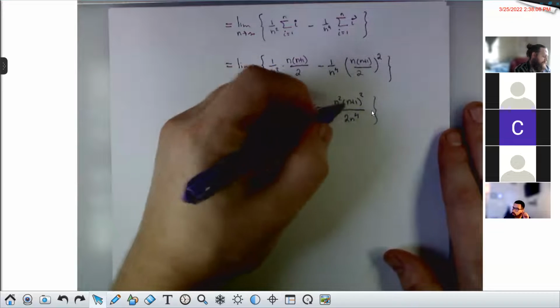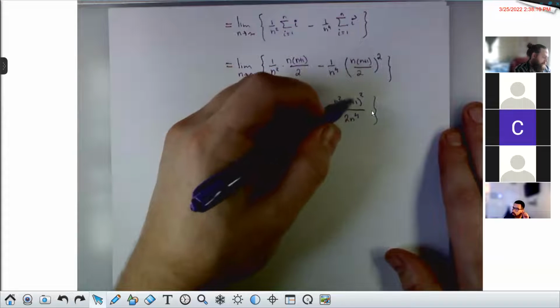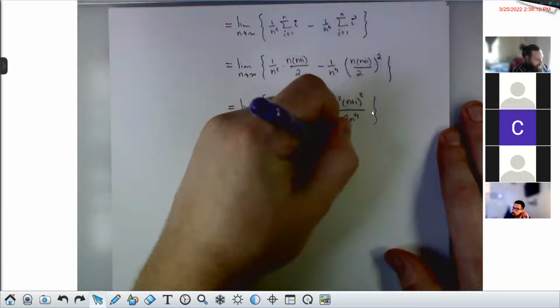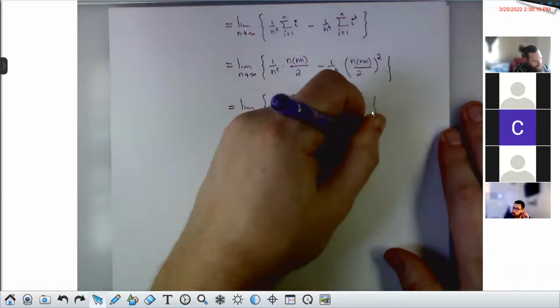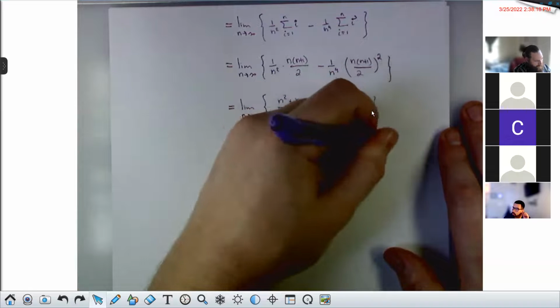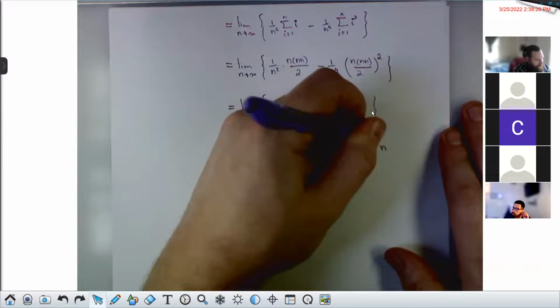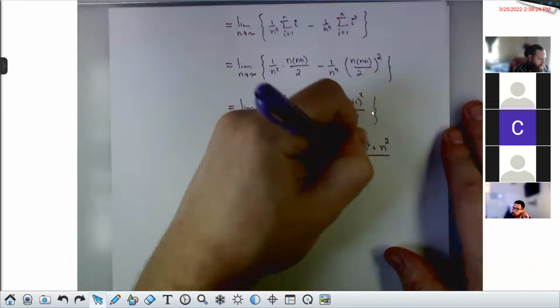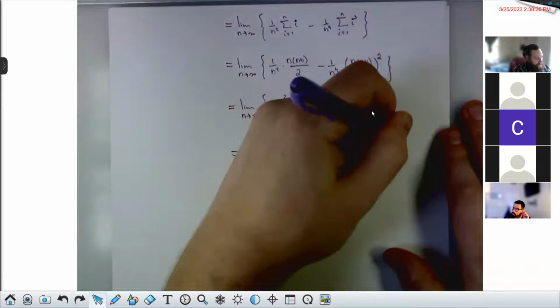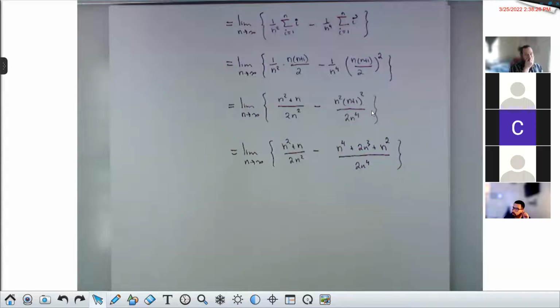n plus 1 squared is n squared plus 2n plus 1. So when I distribute the n squared, that's going to be n to the 4 plus 2n cubed plus n squared over 2n to the 4 like this. What is the limit of the first piece?